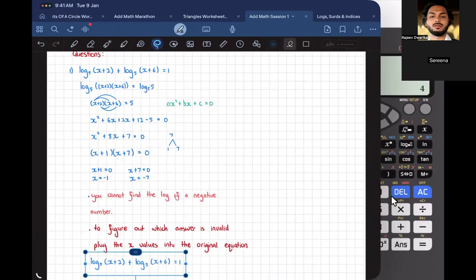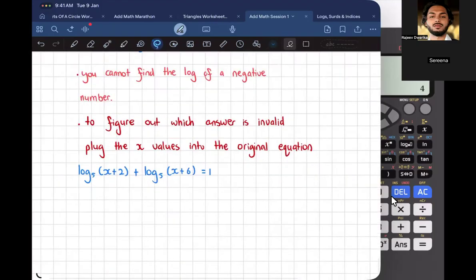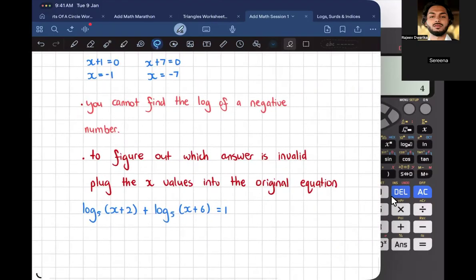The original equation was log base 5 of (x plus 2) plus log base 5 of (x plus 6). So Serena, which one do you want to try first? X is equal to negative 1 or x is equal to negative 7?